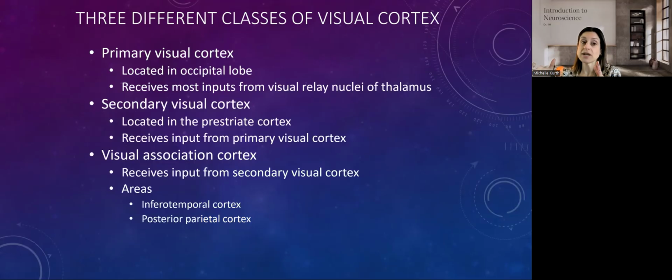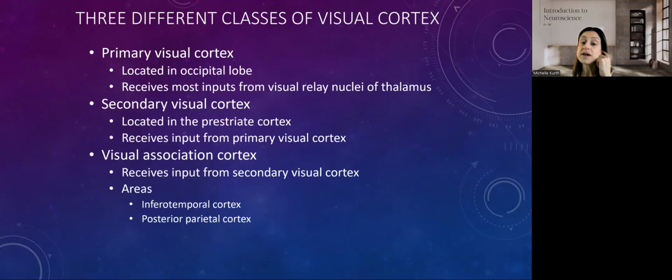So it goes primary, secondary, and then it goes even more, and it goes into the visual association cortex. And that visual association cortex is receiving input from the secondary visual cortex, and those areas are the inferotemporal cortex and the posterior parietal cortex. Those are the names of them.